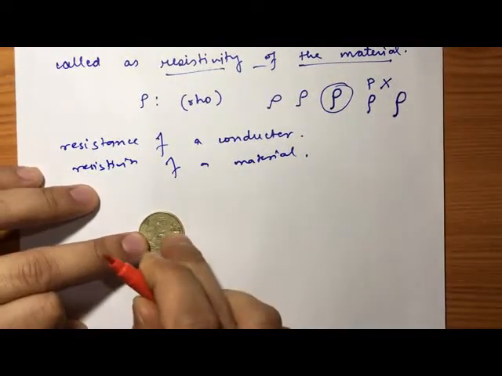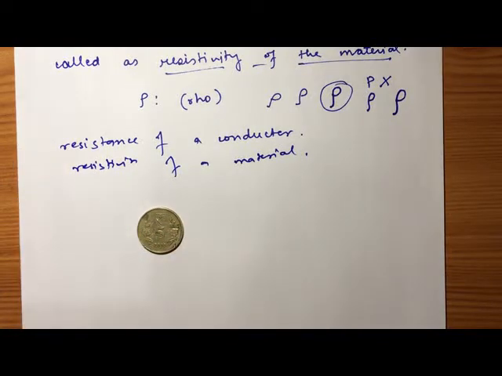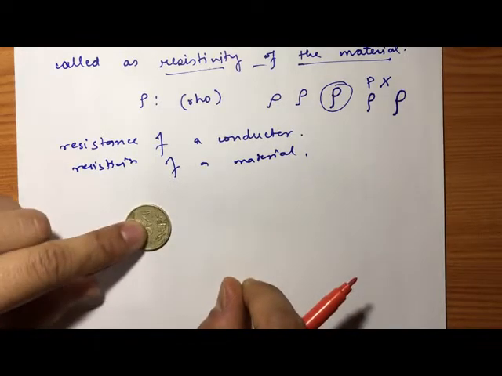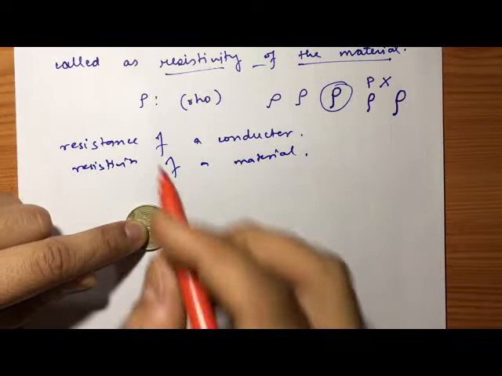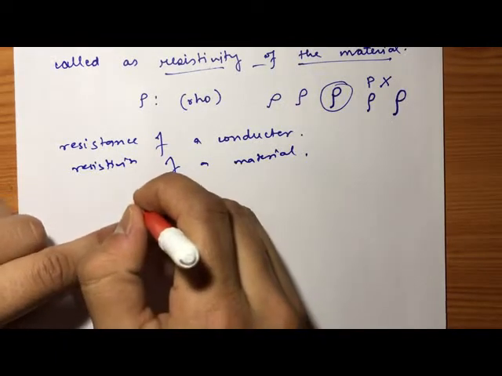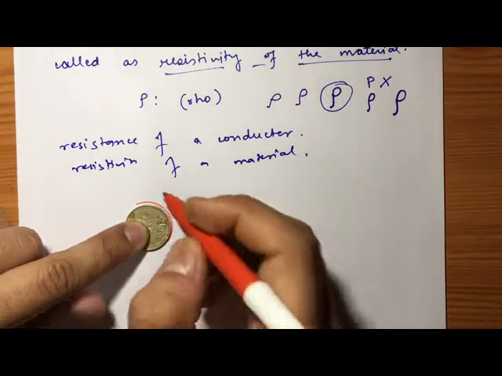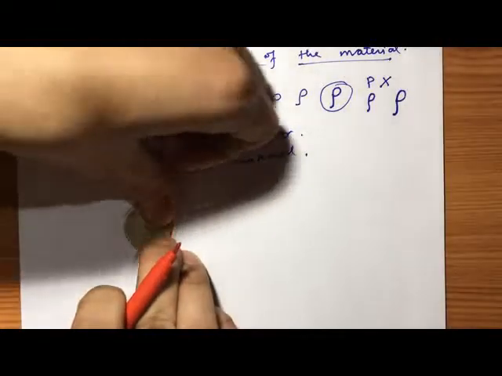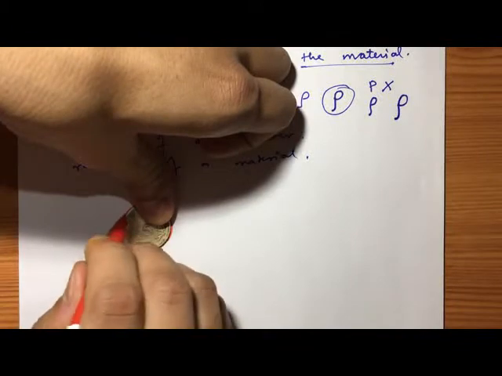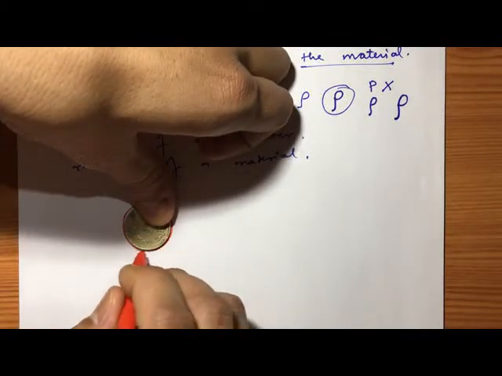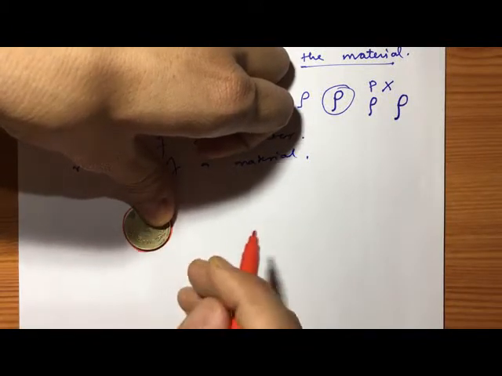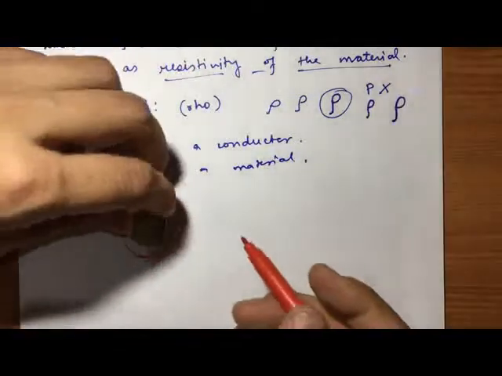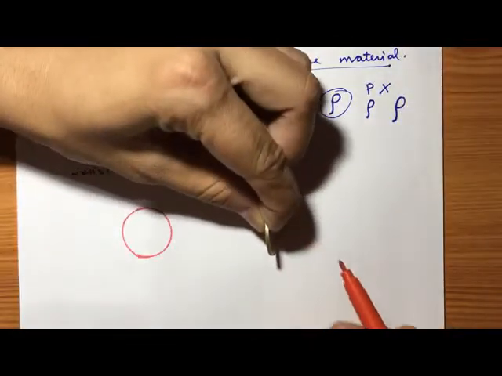This is a conductor, okay, you should know it. Never try, okay. Don't try to attach this coin somehow to the switchboard. Obviously you will get an electric shock. Don't do this. There is a difference between being intelligent and being an idiot, okay. Sometimes you will read something, and you will apply that thing knowing that it is going to harm you.